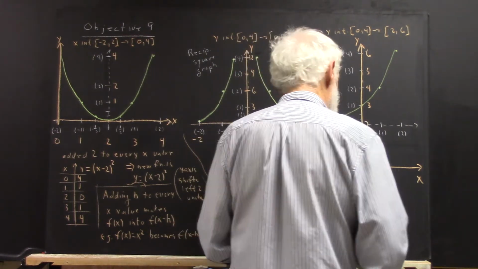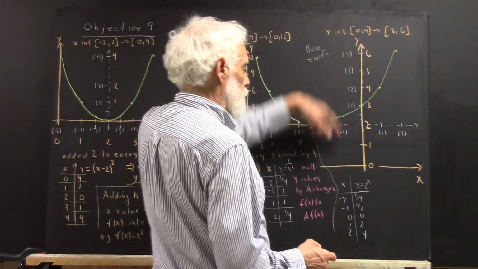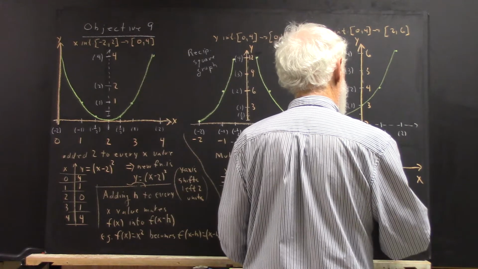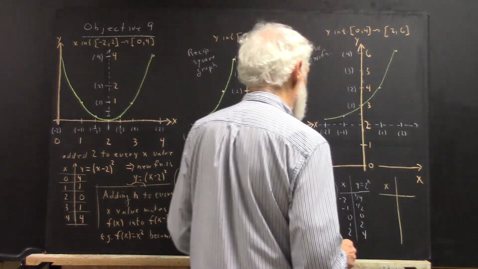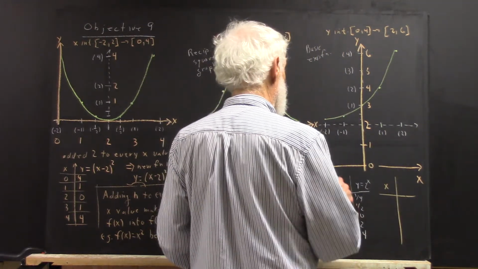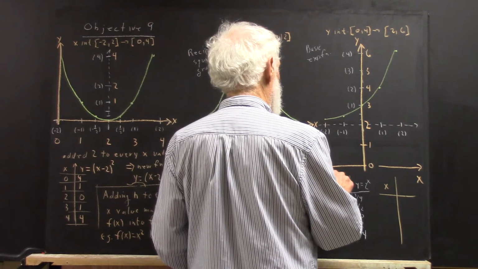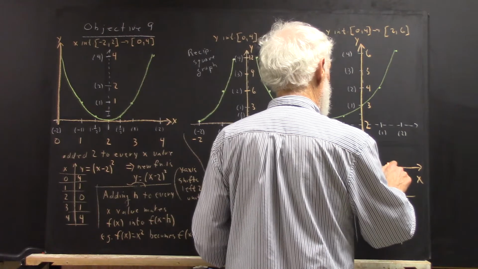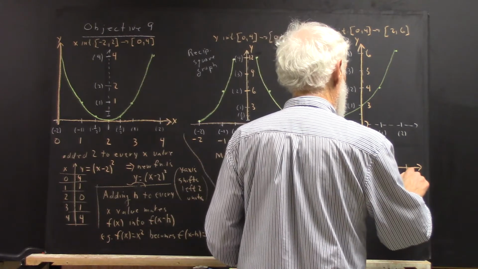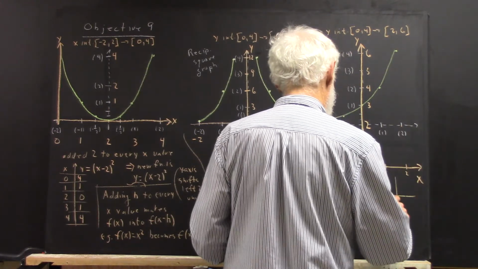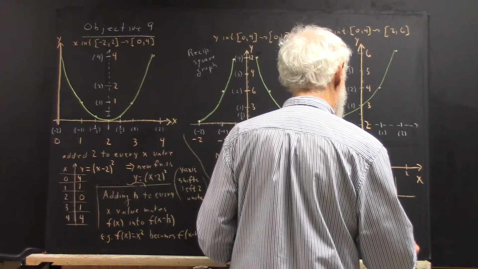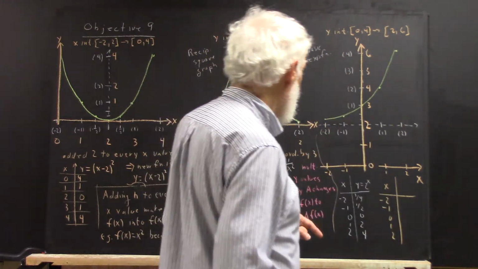On the new function that we get for the relabeled axes, x values haven't changed. They're still -2, -1, 0, 1, and 2. But now what are the y values?